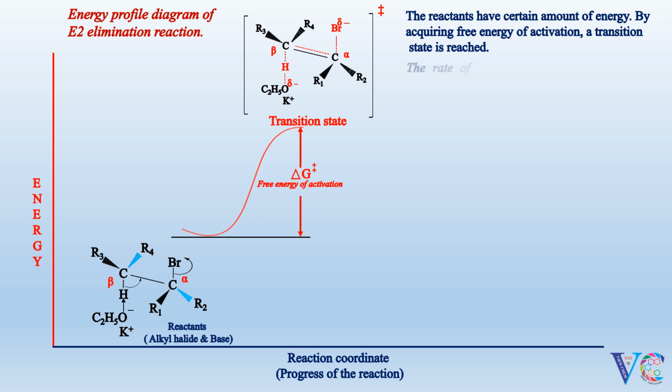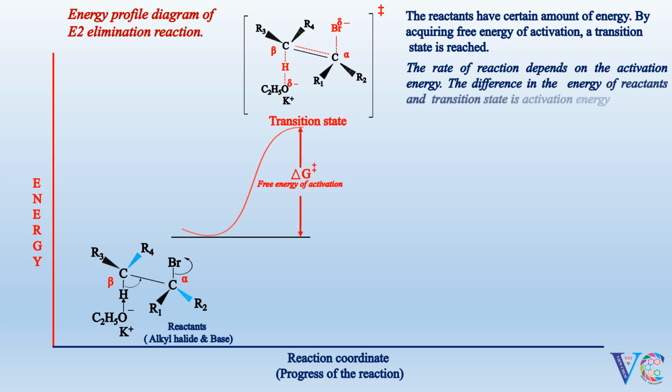The rate of reaction depends on the activation energy. The difference in the energy of reactants and the transition state is the activation energy. From the transition state, the products are formed.